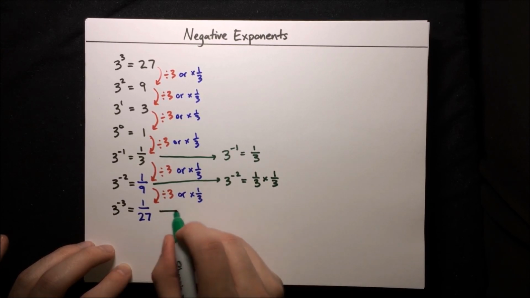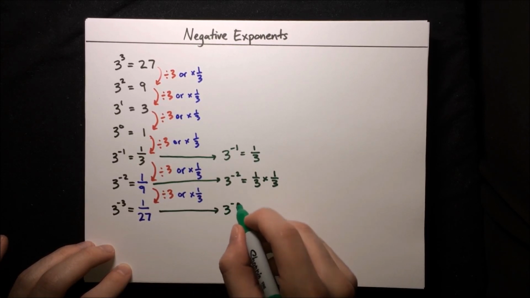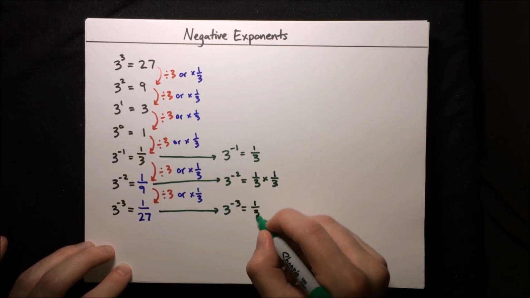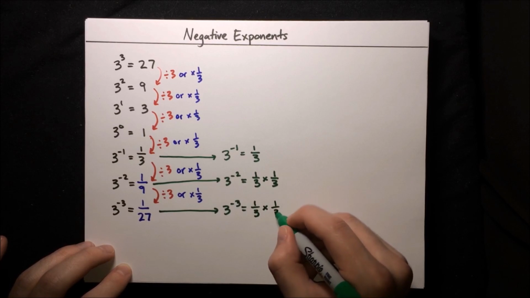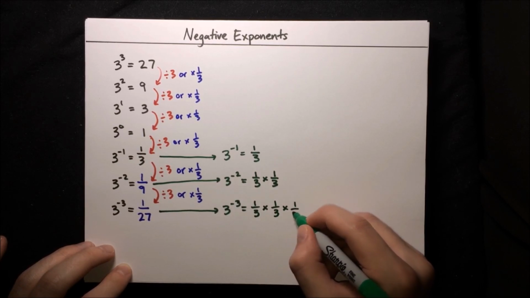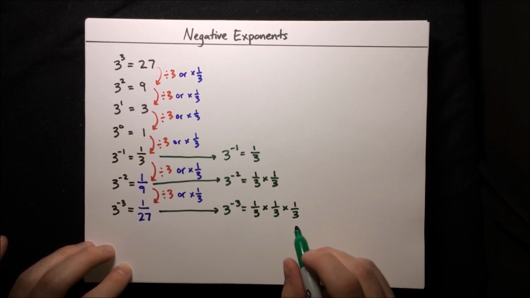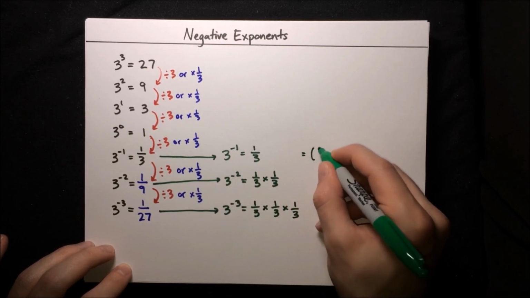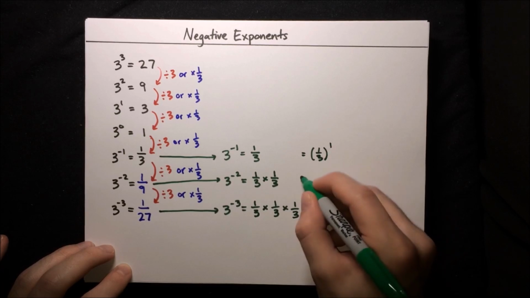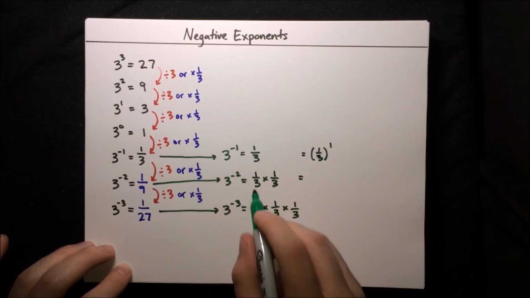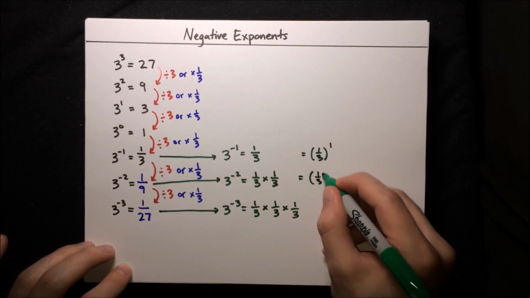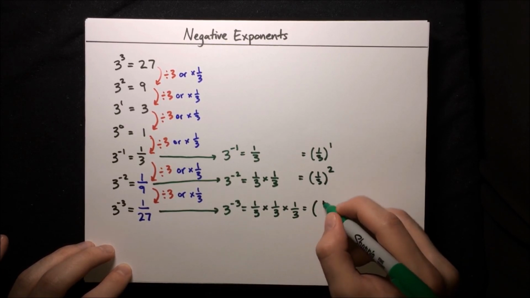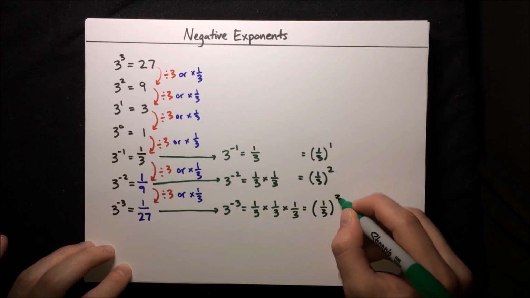And then 3 to the negative 3 is just 1 over 27, which is just 1/3 times 1/3 times 1/3. Oh, okay, here we go. So 3 to the negative 1, that is just 1/3 to the first power. 3 to the negative 2, that is just 1/3 to the second power. 3 to the negative 3, that is just 1/3 to the third power.